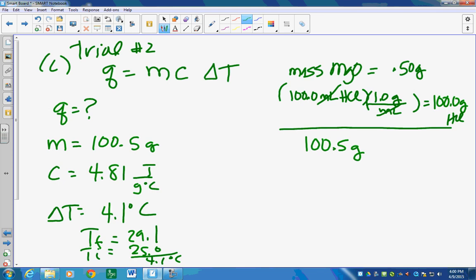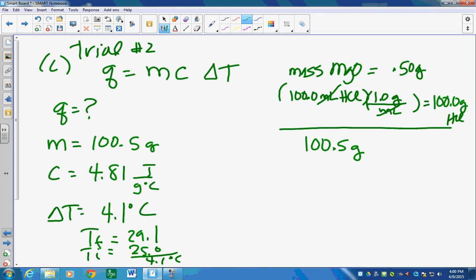The magnitude means absolute value. Calculate the magnitude of the thermal energy change. So what they're telling you in part C is, I just want to know the number. I don't care if it's exothermic or endothermic. Just tell me the magnitude of Q.